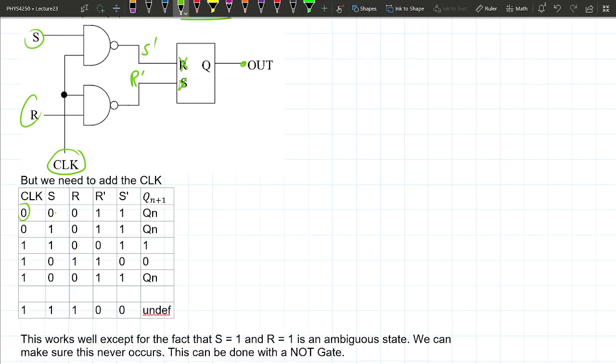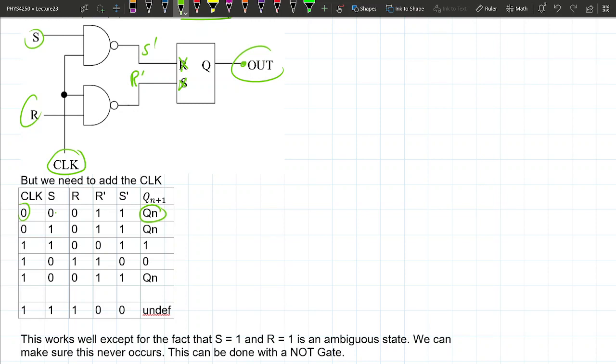But if S is 0, S prime is going to be 1. If R is 0, R prime is going to be 1. If one of these inputs is 0, the output is always going to be 1. That's the property of these NAND gates. What I'm going to call the output here is whatever it is at the current clock.